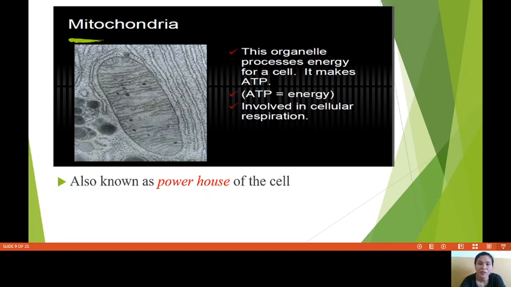In other words, mitochondria is where the energy is being made. That's why it is called the powerhouse, because energy is made in this area. Again, ATP is made in this mitochondria. That's why it is called powerhouse.